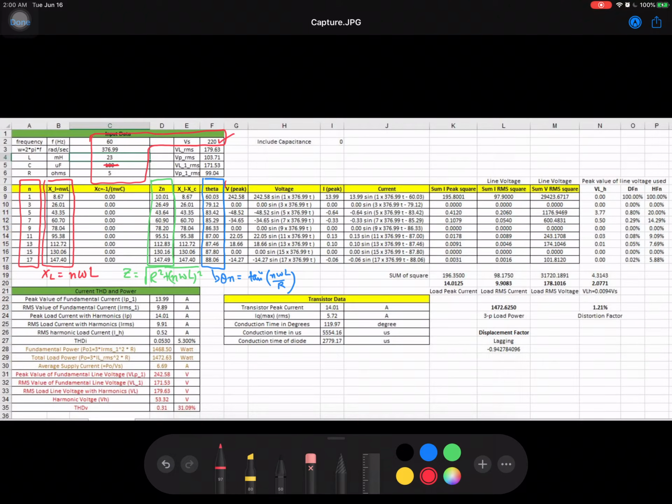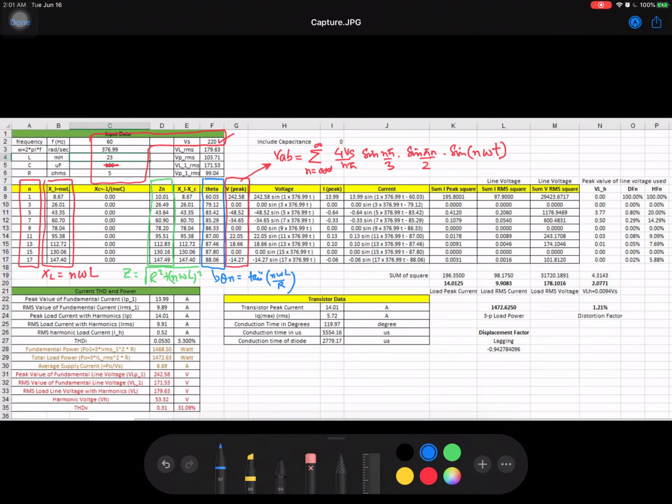Then in this column, we have calculated the magnitude of the voltage using the Fourier series expression for the line voltages. So VAB, as we discussed in the last video, is given as the sum over all odd harmonics of 4Vs by n pi into sine n pi by 3 into sine n pi by 2 into sine of n omega t.